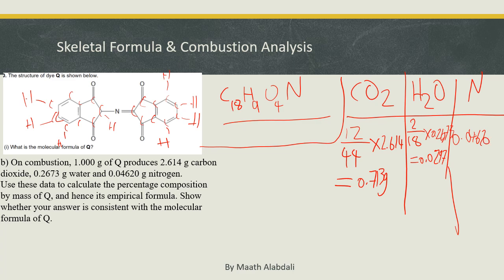And then for oxygen, we know that the total mass is 1 gram, so all you have to do is 1 minus 0.713 plus 0.0297 plus 0.04620.